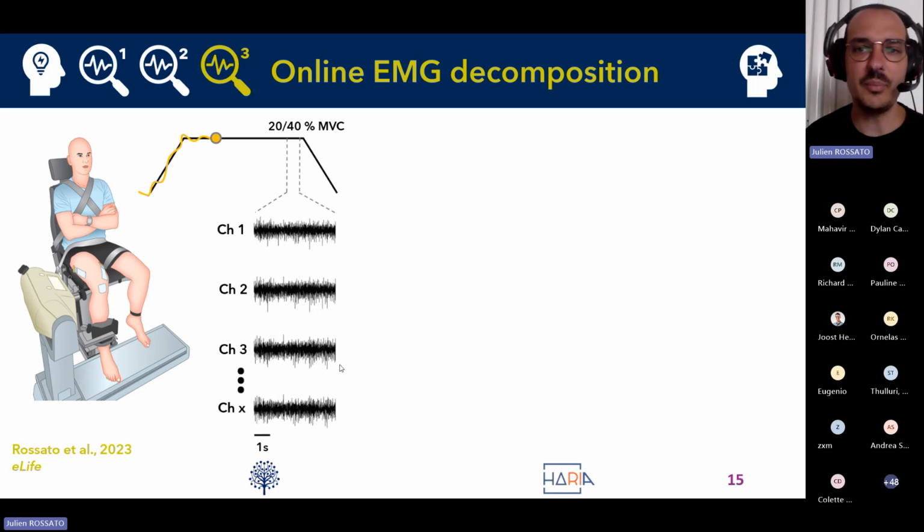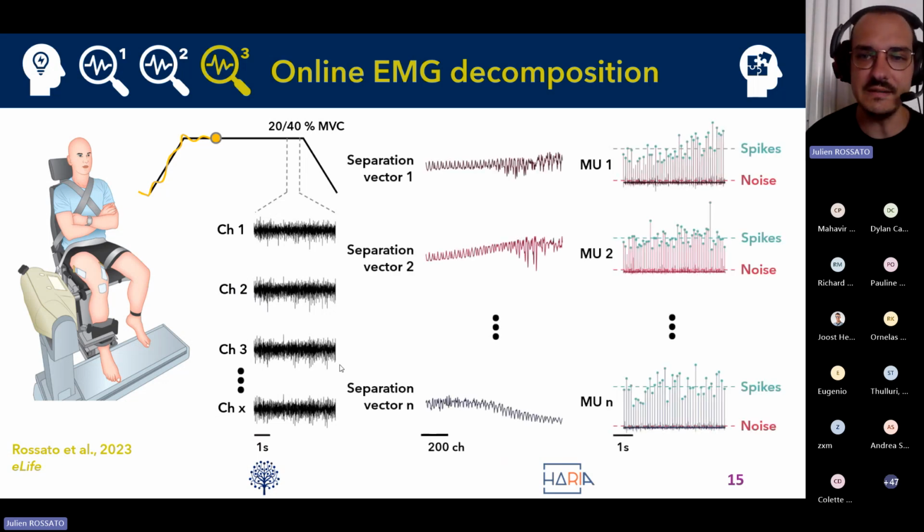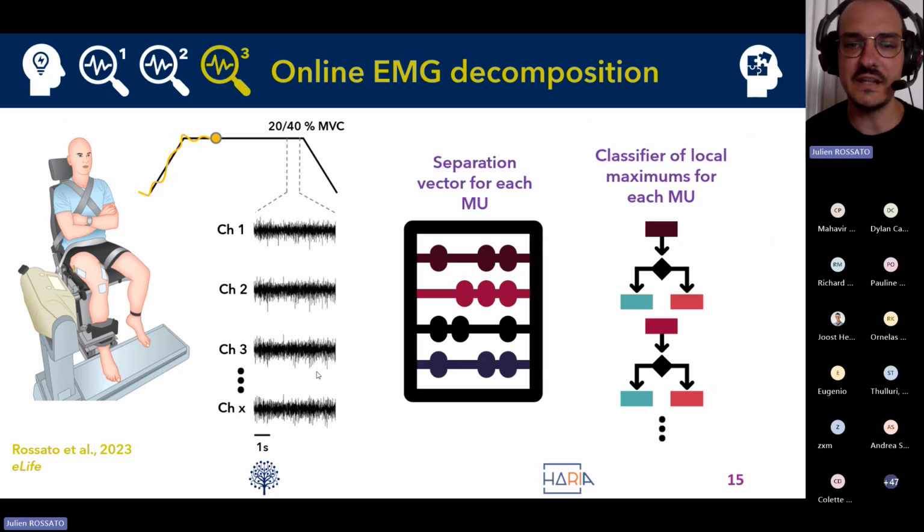After performing a first decomposition on a contraction known as the baseline or training contraction, we obtain for each motor unit a separation vector and estimated sources from the signal. From these sources, we can build a classifier to classify the local maxima of these sources as discharge or noise. For real-time identification, we need the matrix containing all the identified separation vectors and each classifier.